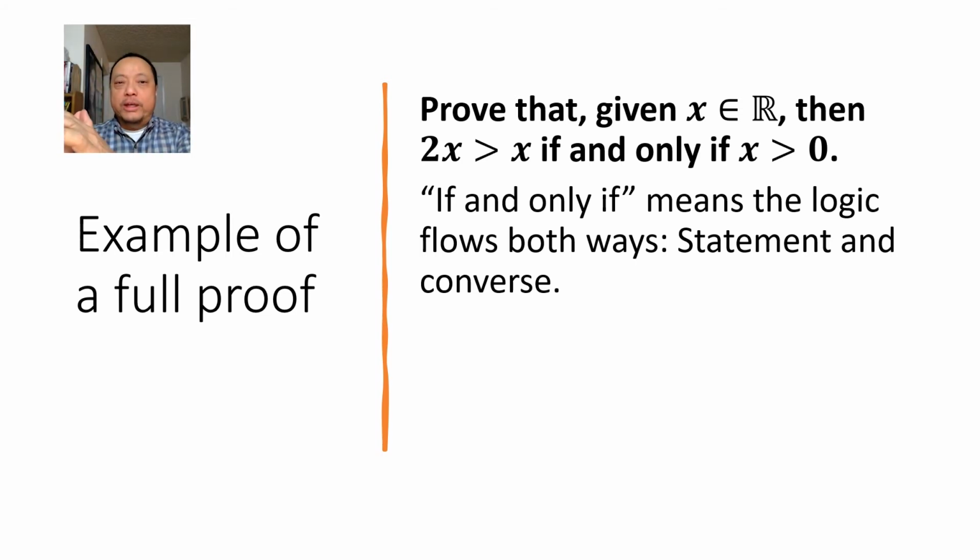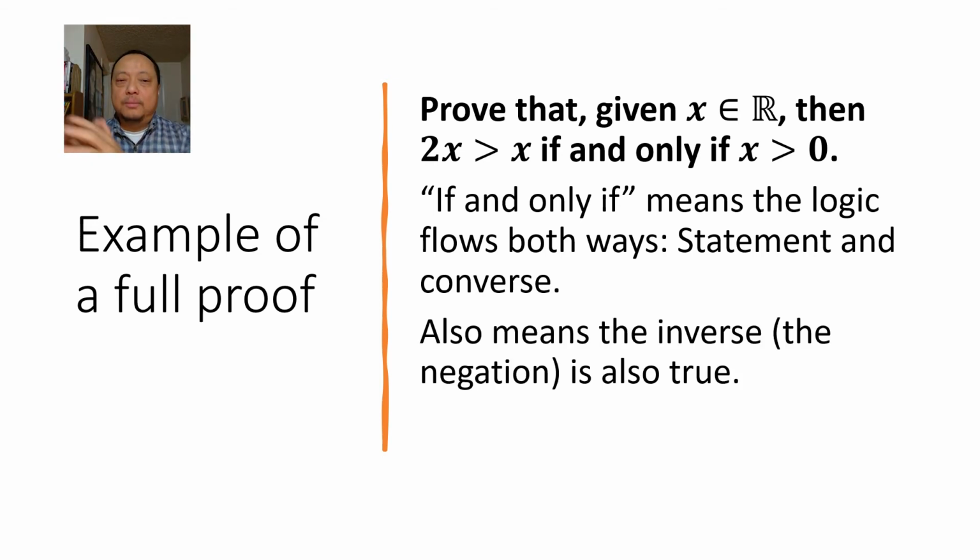If I have 2x greater than x, then it follows that x is greater than 0. But also the other way around, meaning the converse. If I have x greater than 0, then it follows that 2x is greater than x. Once I have the statement and the converse true, it follows the inverse is also true. If I don't have 2x greater than x, then I don't have x greater than 0.